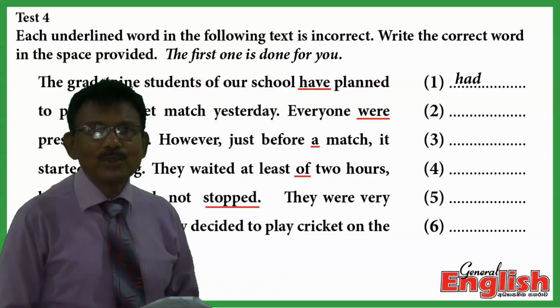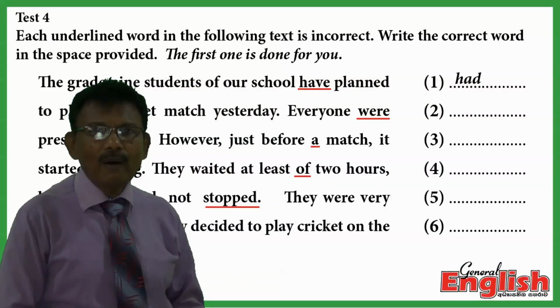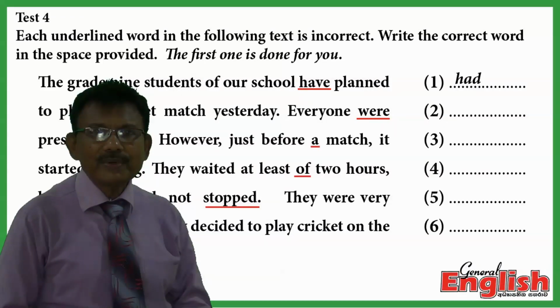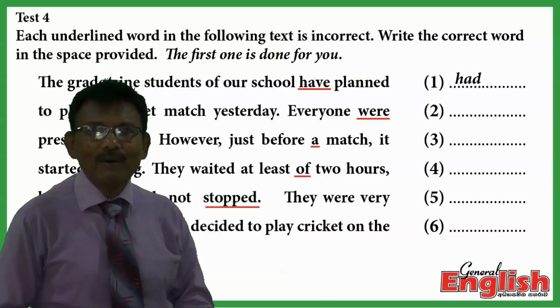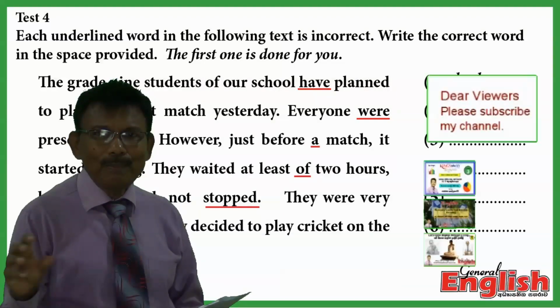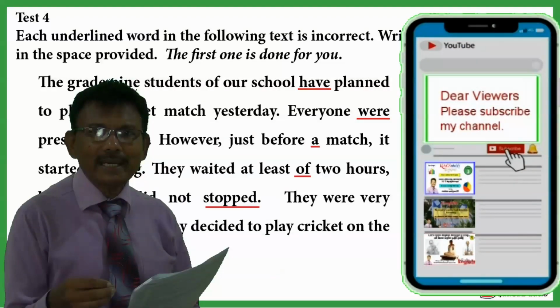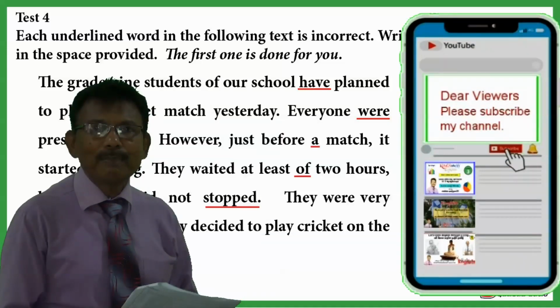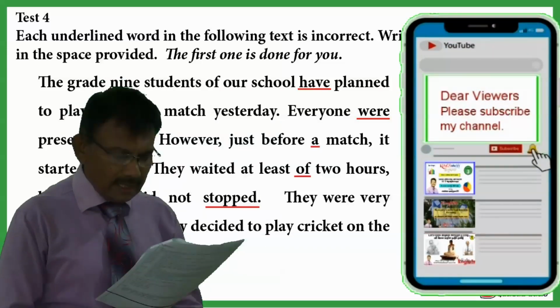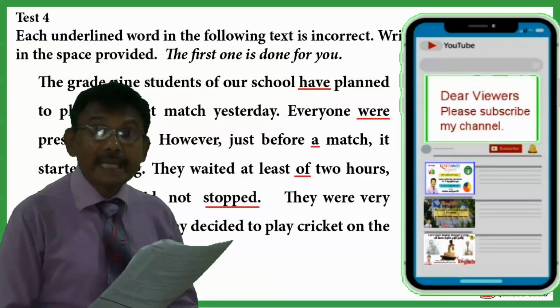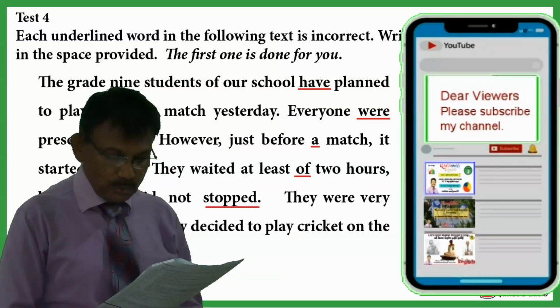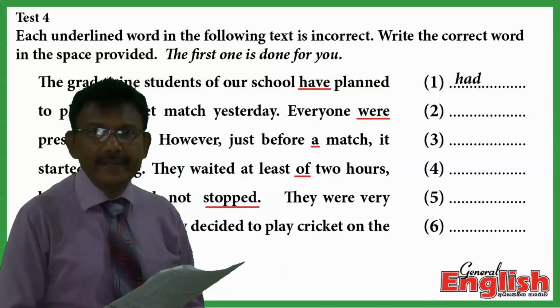So we usually use of to join people to a place. The people of our village, the people of Sri Lanka, the people of India. So, place and people are connected by using the preposition of. So, here the grade 9 students of our school have planned.